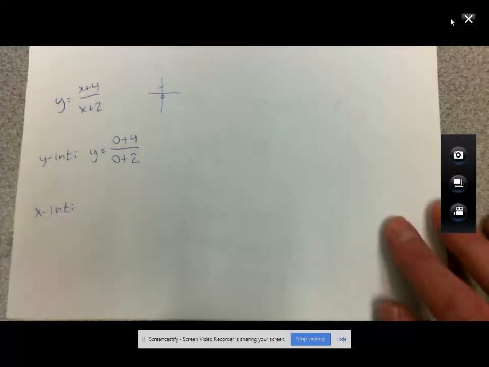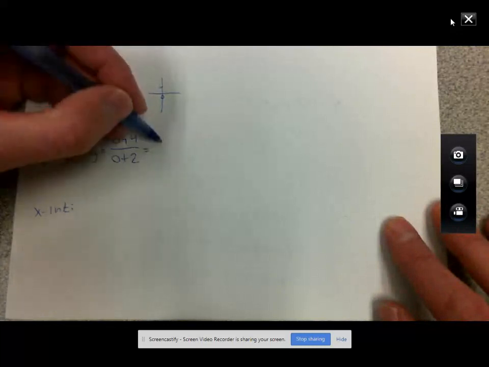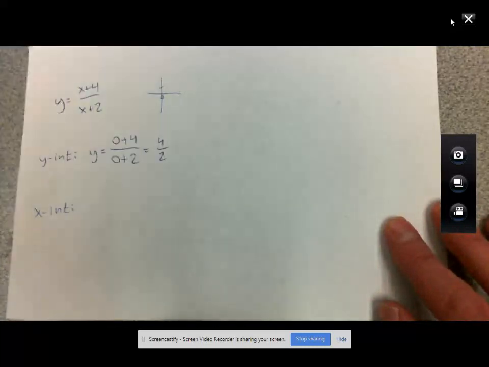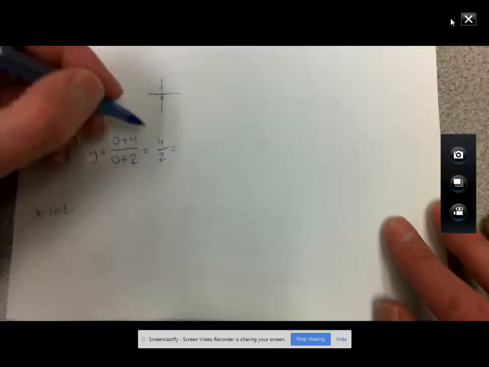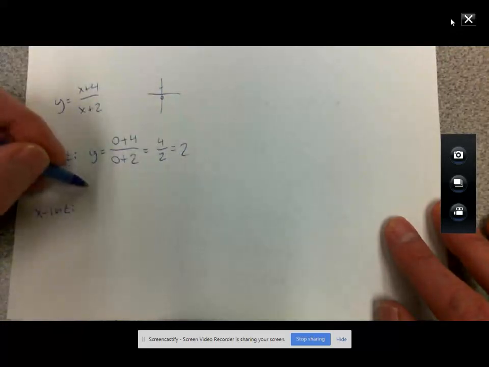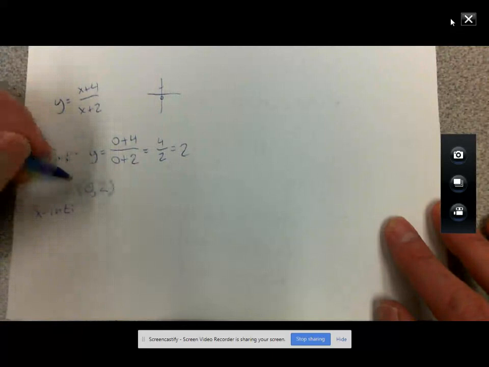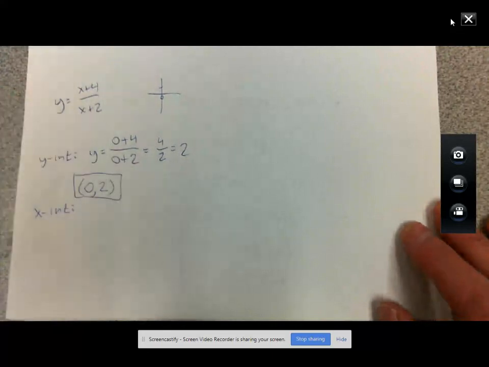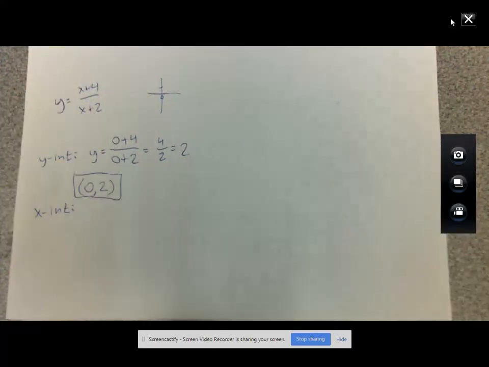All right, so we set x to be 0. Well, 0 plus 4 is 4. 0 plus 2 is 2. And 4 divided by 2 is 2. So y is 2 when x is 0. Found the y-intercept.